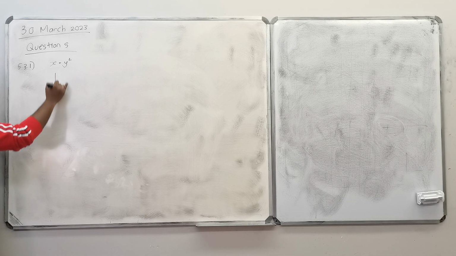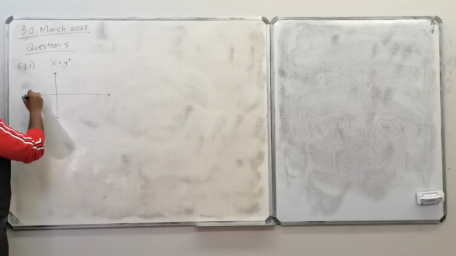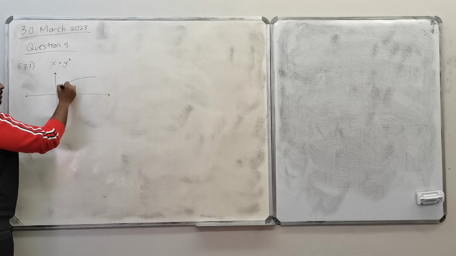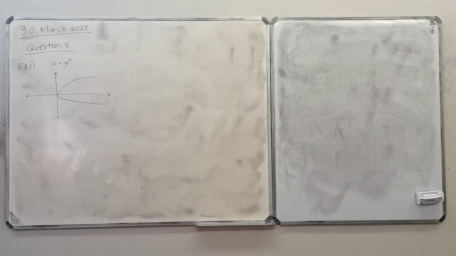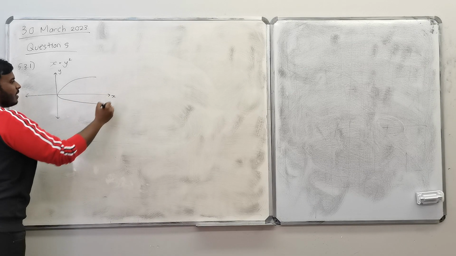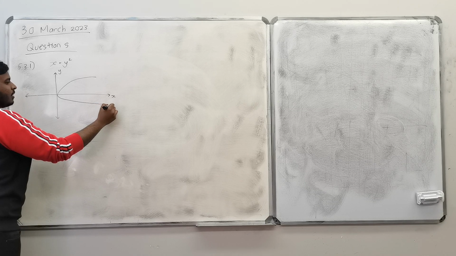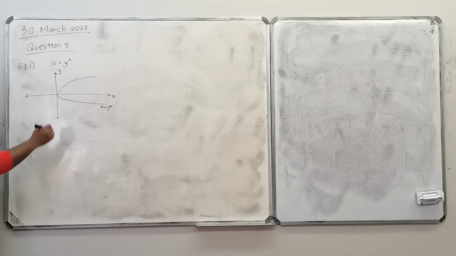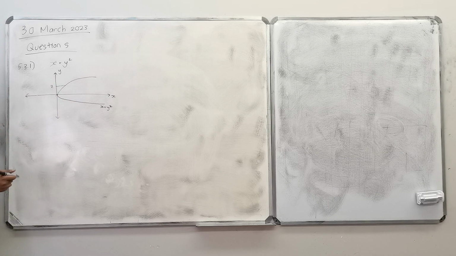So if we draw it, we don't even need to work out the intercepts because we know that the graph would look like a C that passes through 0. Then x is 2 and then x is equal to y squared. They want to know from 0 to y equal to 2 what's the area. So they want to know that area.